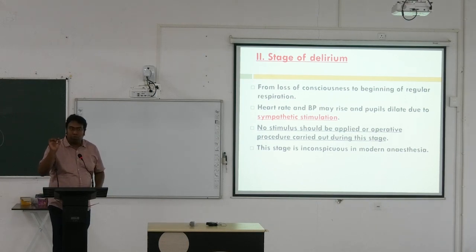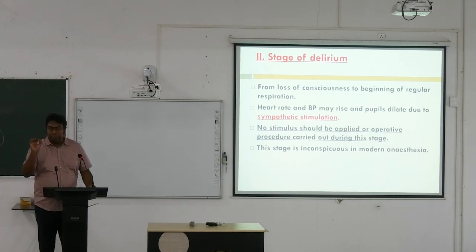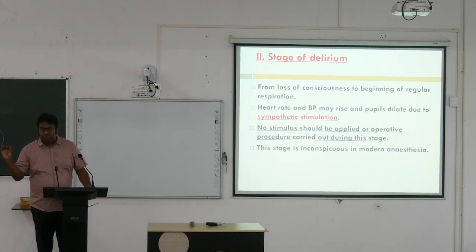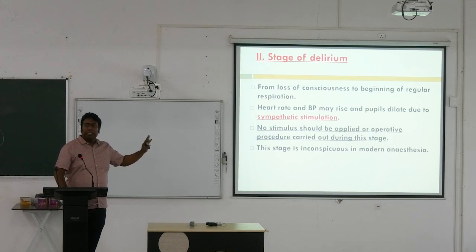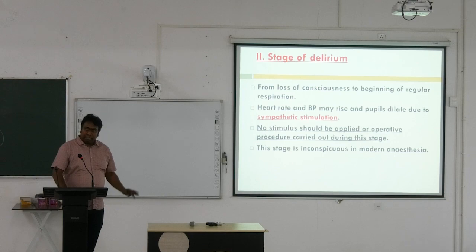Why is it important to remember the stage of delirium? Even in the stage of analgesia, we can do some small surgical procedures, but in the stage of delirium, we shouldn't do any surgical procedure. Stage of analgesia, stage of delirium.